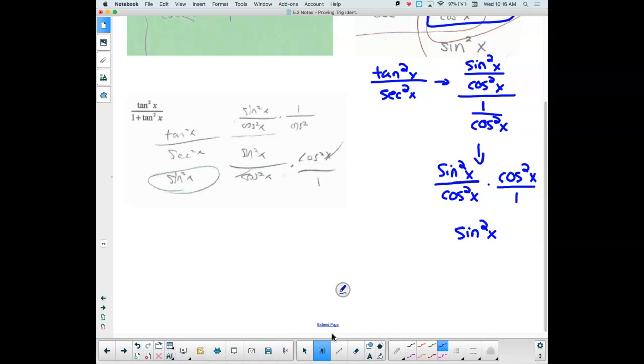Because today what we're going to do is say that this, so this was the problem right here, that this here is equal to sine squared of x. This is the problem today now. We're telling you that tangent squared of x divided by 1 plus tangent squared of x is equal to sine squared of x.